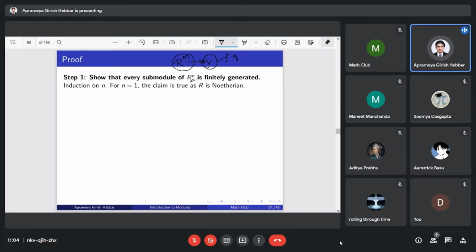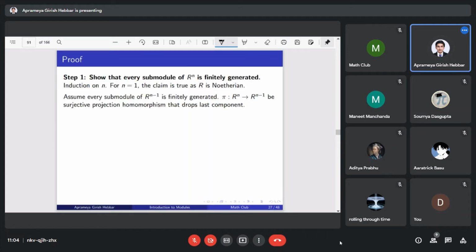Note that Rn is finitely generated. So we want to show that the theorem is true for Rn first. The way we go is induction on n. For n equal to 1, the claim is true, right? Because any submodule of R is just an ideal of R, and that ideal is finitely generated because R is Noetherian. So for the induction step, we assume that every submodule of Rn minus 1 is finitely generated.